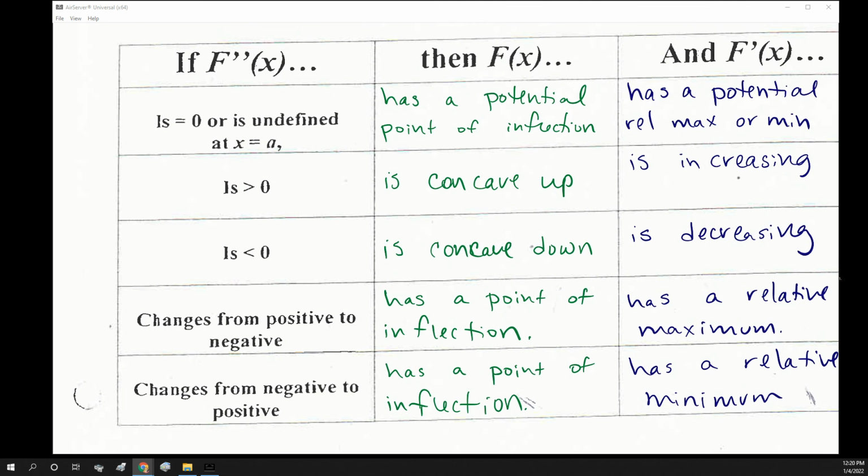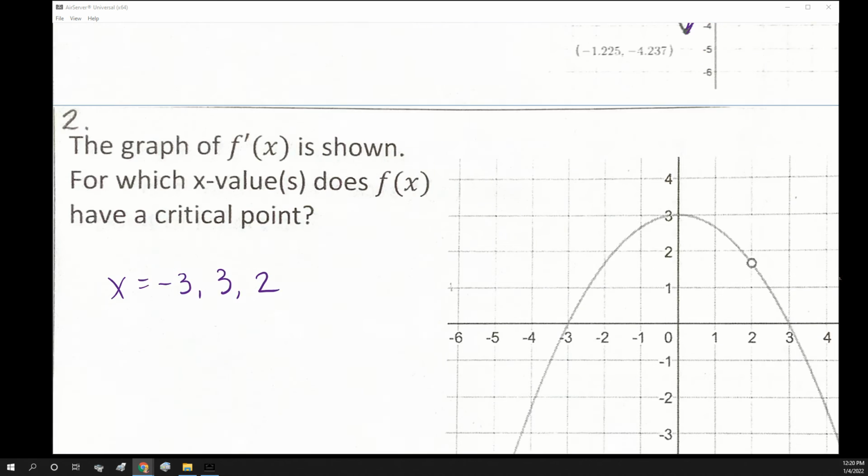If we're asking about concavity, we're going to need to look at the second table. There's a relationship between f prime and f, just like there's a relationship between f double prime and f in terms of concavity. If we want f to be concave down, that means I need f prime to be decreasing. So let's look back at this graph.